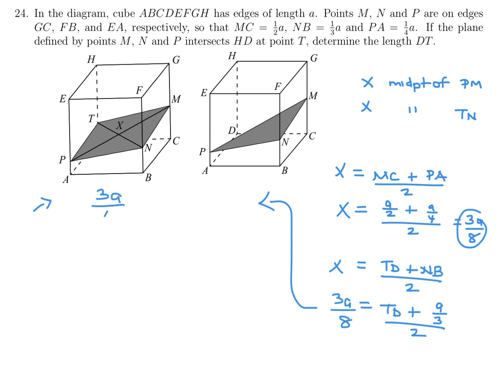The 3A over 8 will be TD plus A over 3. And then TD would be 3A over 8 minus A over 3. Hold on, did I do this right here? Yeah.